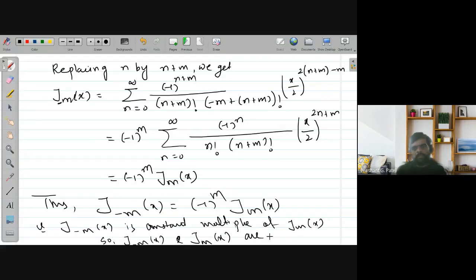That completes the proof that these two functions are linearly dependent. I required this to discuss the next topic, that is the general solution of the Bessel's equation. So we will discuss the general solution of Bessel's equation.